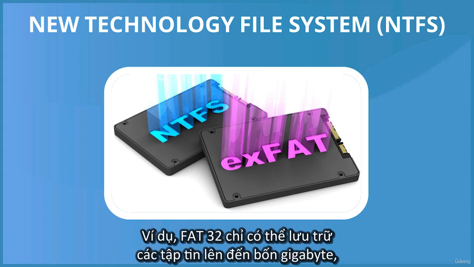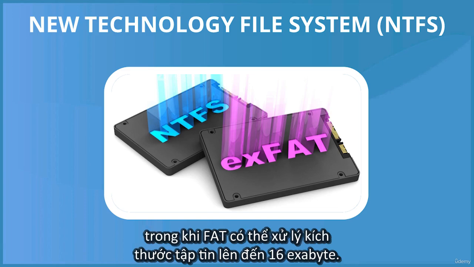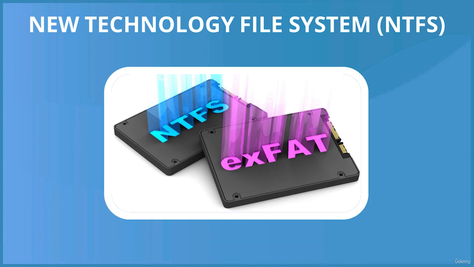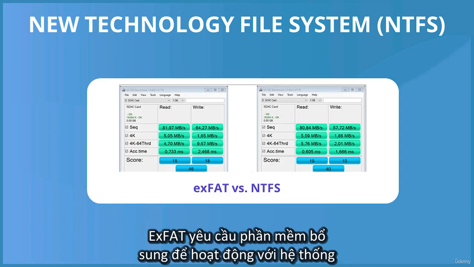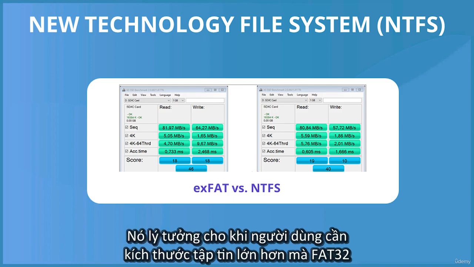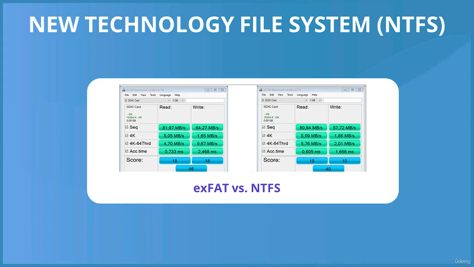For example, FAT32 can only store files up to 4 gigabytes, while exFAT can handle file sizes of 16 exabytes. exFAT does require additional software to work with Mac and Linux systems, but it's more compatible with them than NTFS. It's ideal for when users need a larger file size than FAT32 can afford, but need more compatibility than NTFS.